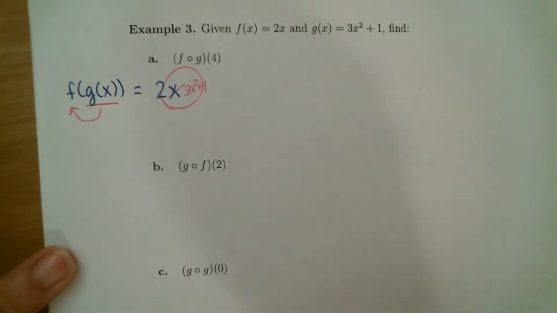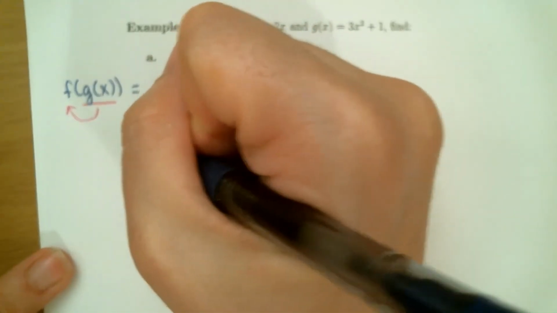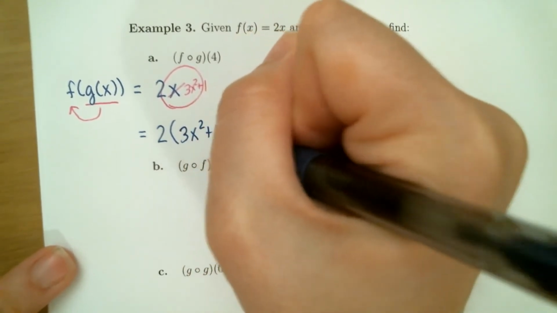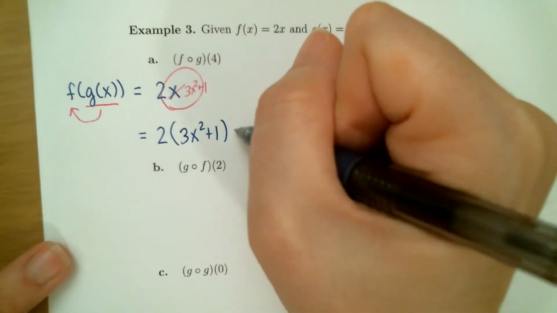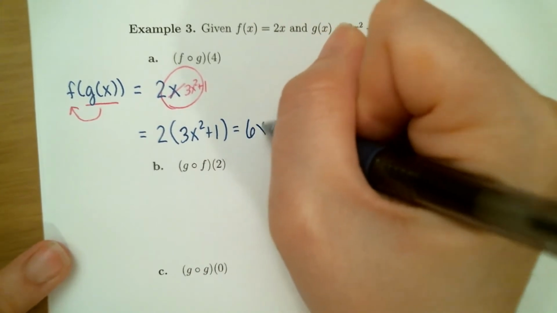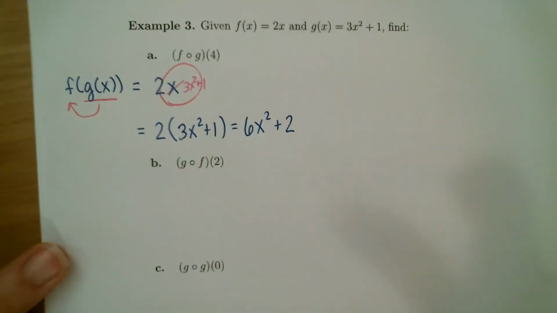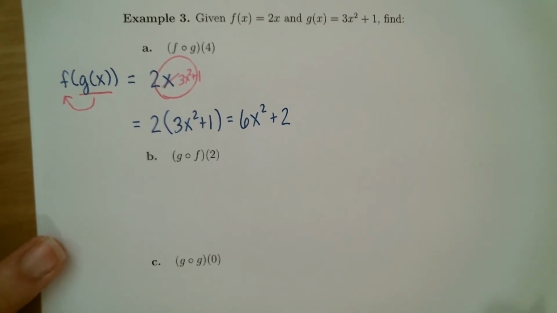So this is going to be 2 times 3x squared plus 1. If I simplify this, this is going to be 6x squared plus 2. So that is my function f of g.